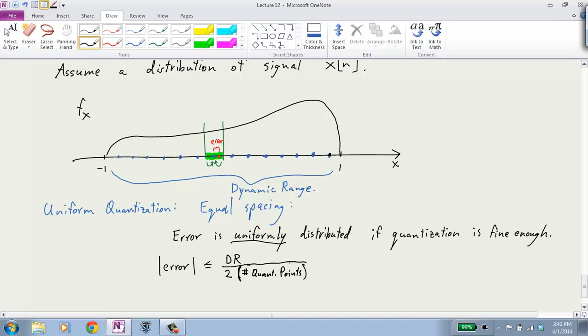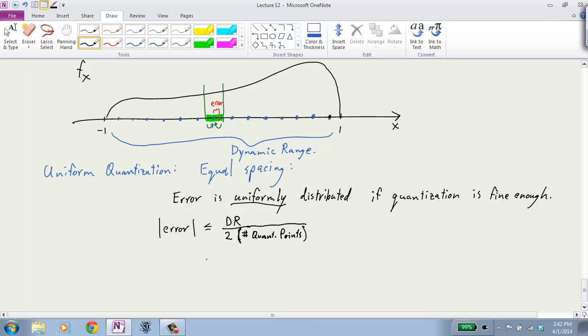You see this? That's a bound on the error. And we can say that that's going to be the dynamic range over 2 times 2 to the number of bits used.